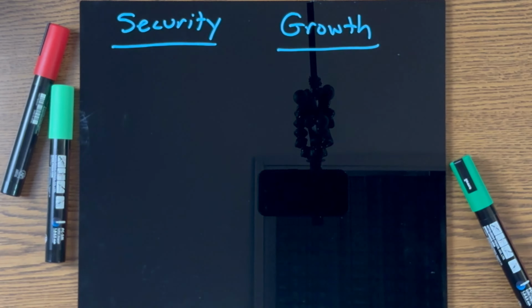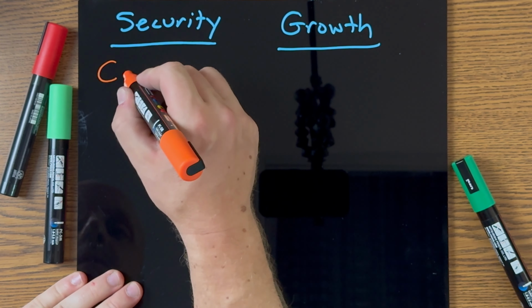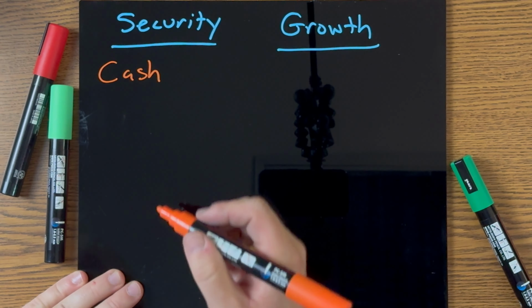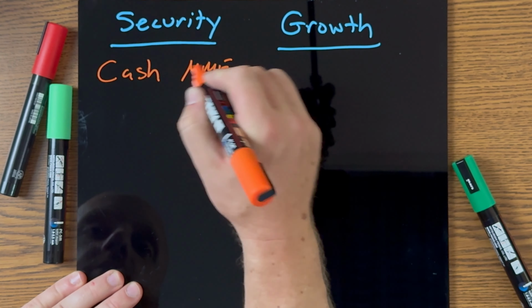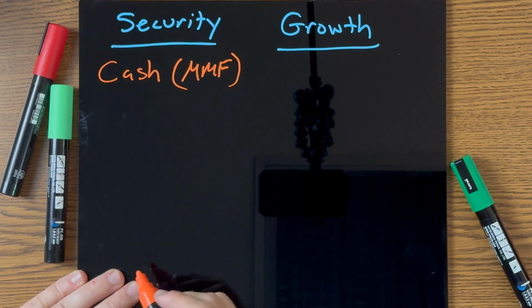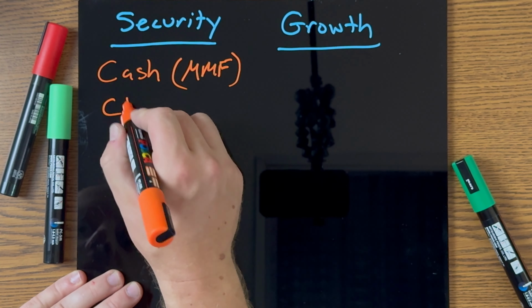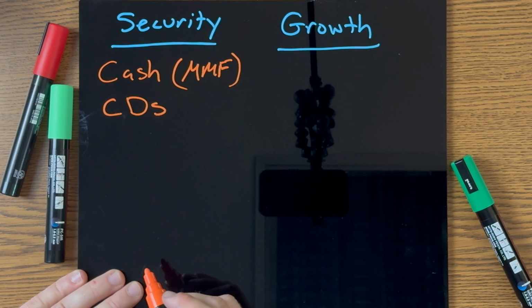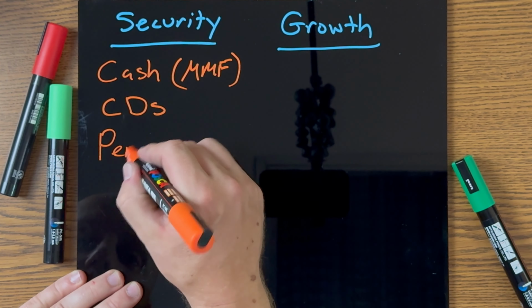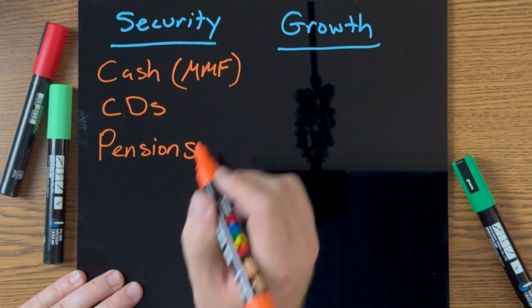Let's break down the specific investment options for the security and growth buckets. So first, in the security bucket, we have cash or cash equivalents, otherwise known as money market funds, currently offering attractive rates, actually around 5%. Then we have CDs. Then we have pensions, which provide a lifetime income stream, though they're pretty rare these days.